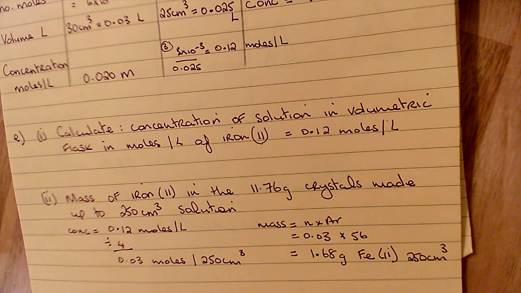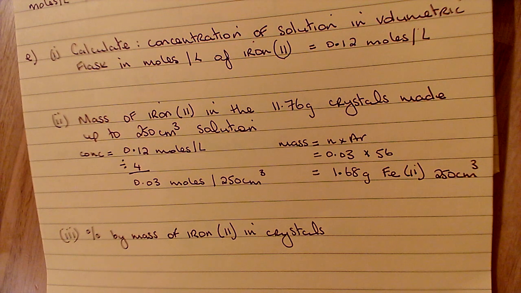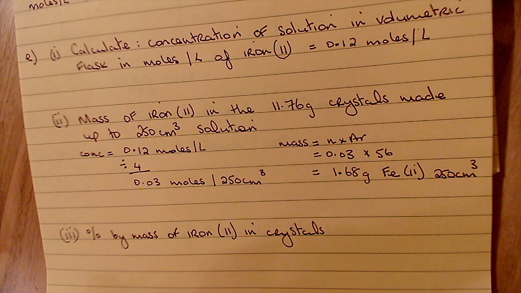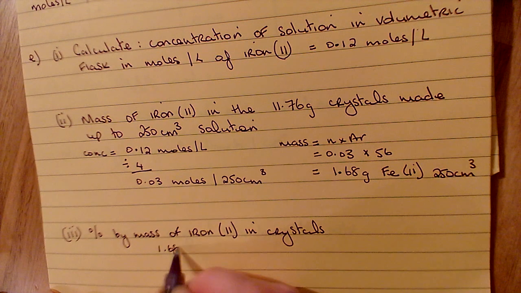Okay. Now, the very last part, we're asked to work out the percentage by mass of iron 2 in the crystals. So the crystals weighed 11.76 grams in total, and in part 2 we've just worked out that the mass of iron is 1.68 grams, okay?